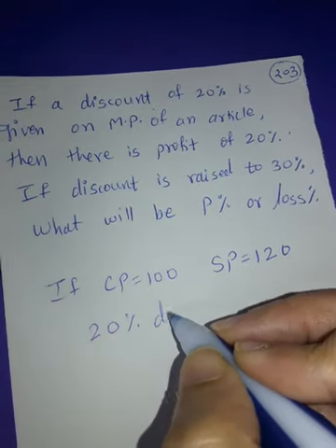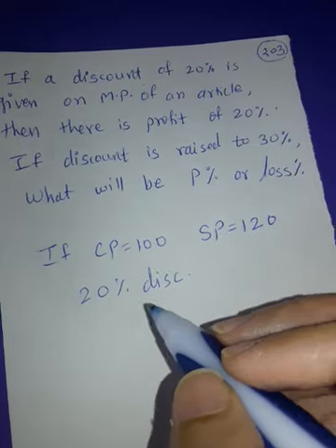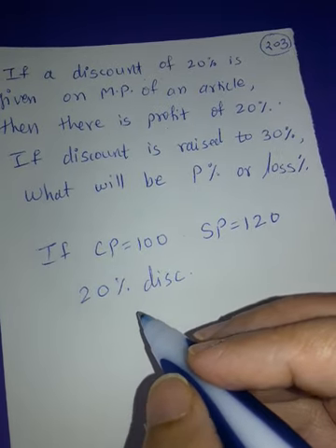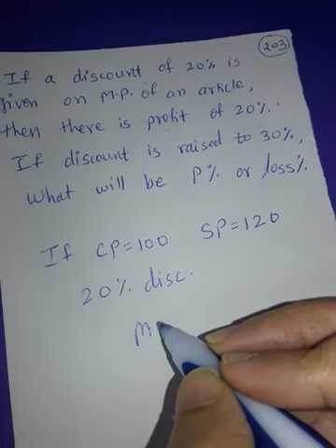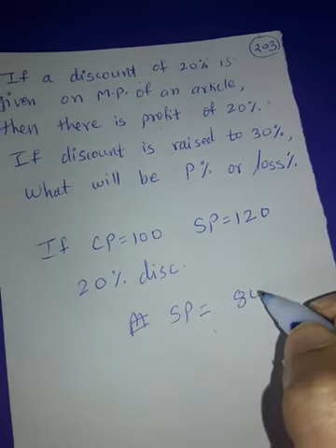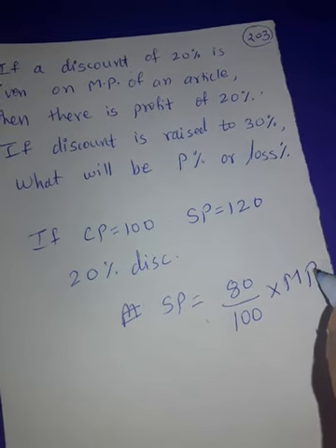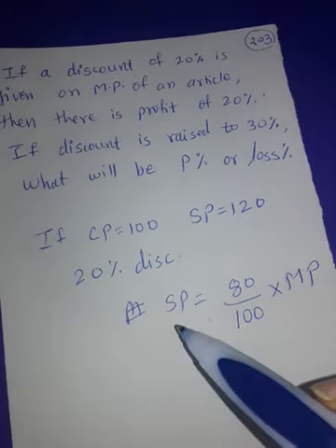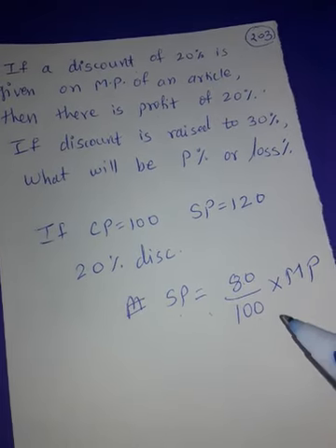What does this relation tell us between MP and SP? 20% discount means SP is equal to 80 upon 100 of MP.